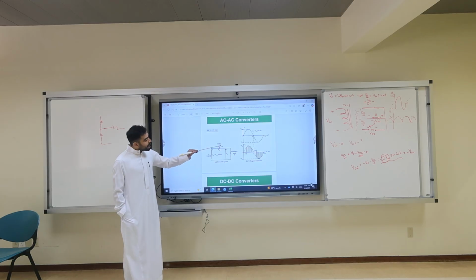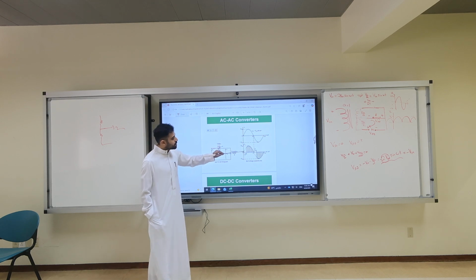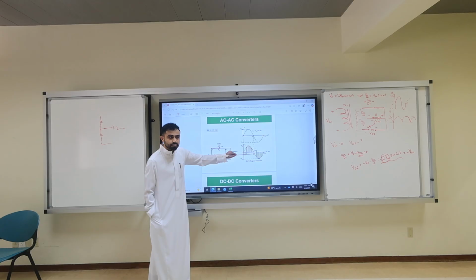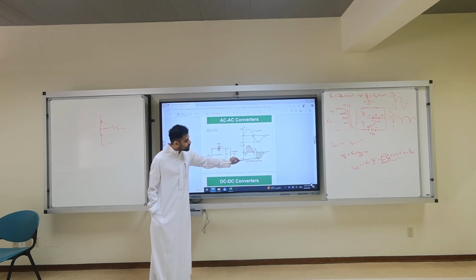If you apply a positive current, a positive pulse on the gate, this diode will conduct and it will rectify this signal. If you apply a negative pulse, a negative current, the other junction will conduct and it will rectify this signal.